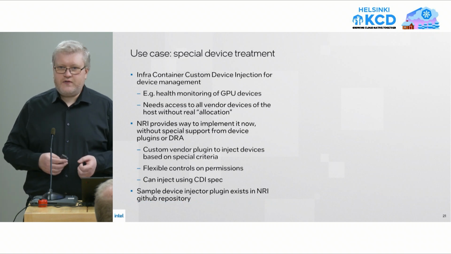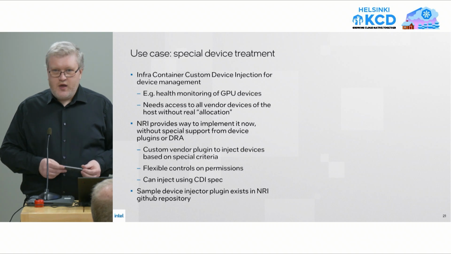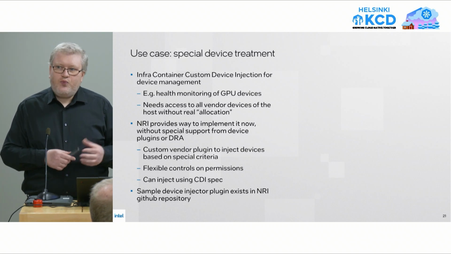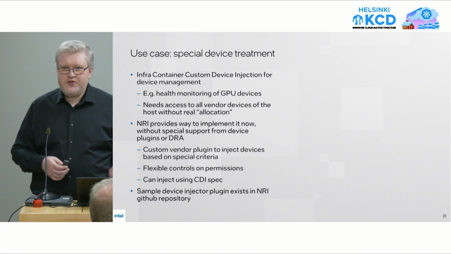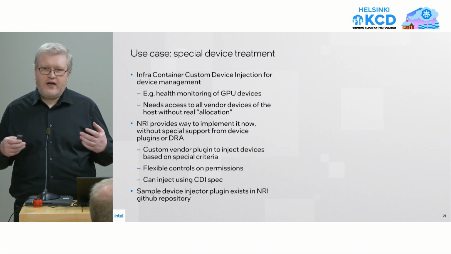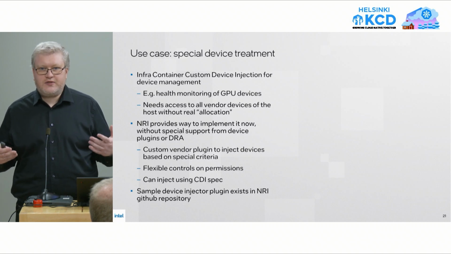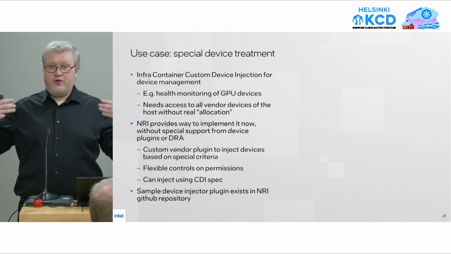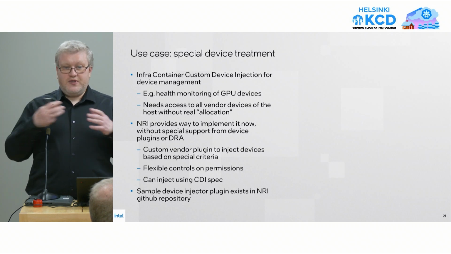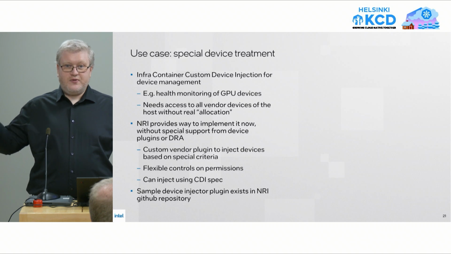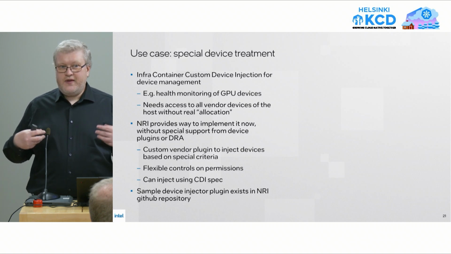Speaking of different rules, devices. One good example is NVIDIA GPUs. Currently in DRA, there is a feature which allows you to give access to management containers, where the allocation of all GPUs is not really happening, but you have some system daemon which has access to all the devices to get the statistics out of them.